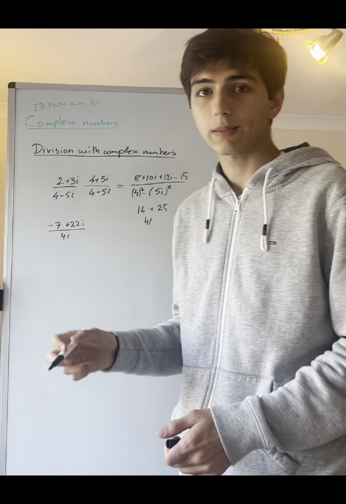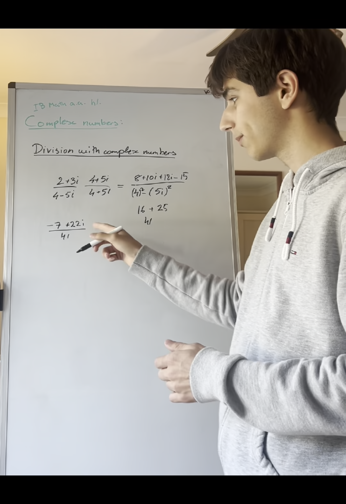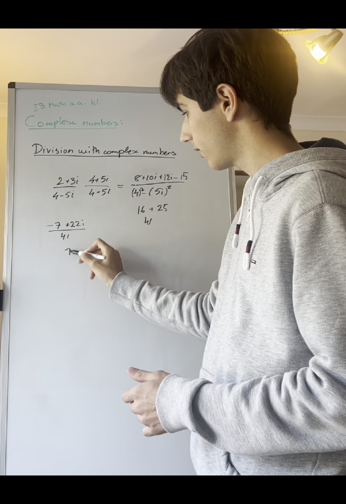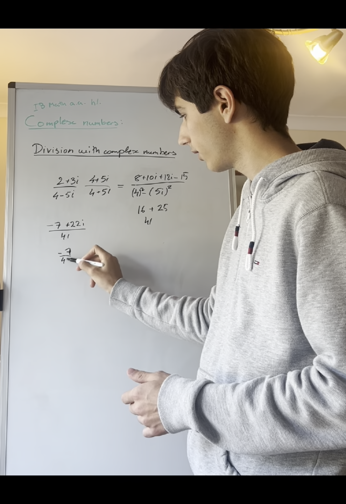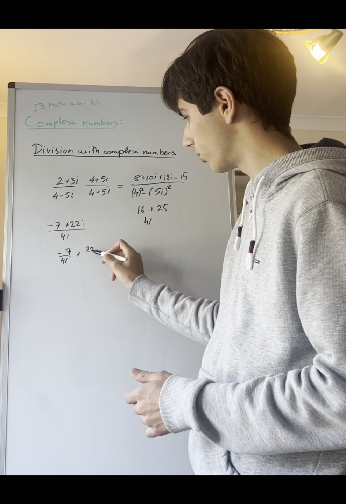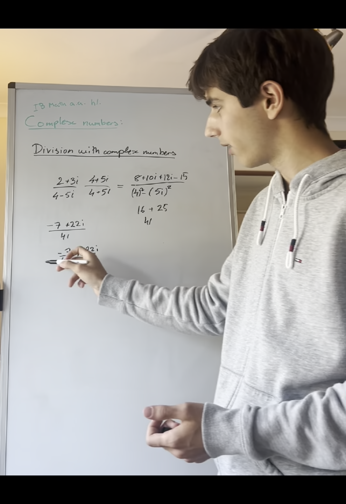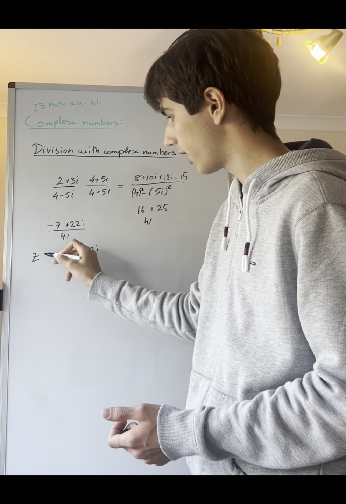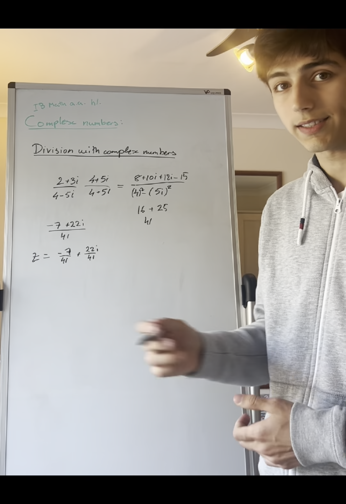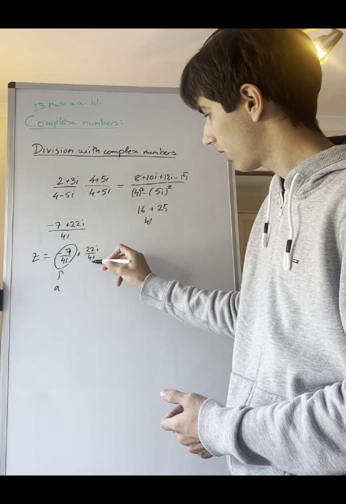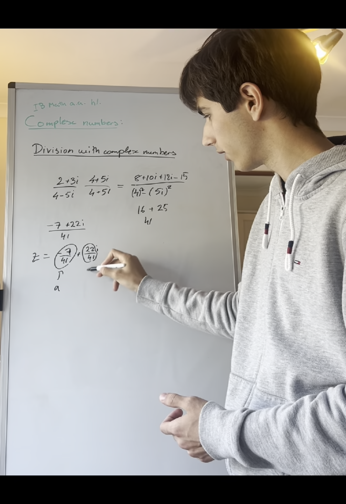And now we can split this fraction into two fractions, and this is going to be negative 7 over 41 plus 22i over 41. So we now have another complex number, let's call it z, and it's a single complex number, and this is your a, and this right here is your b.